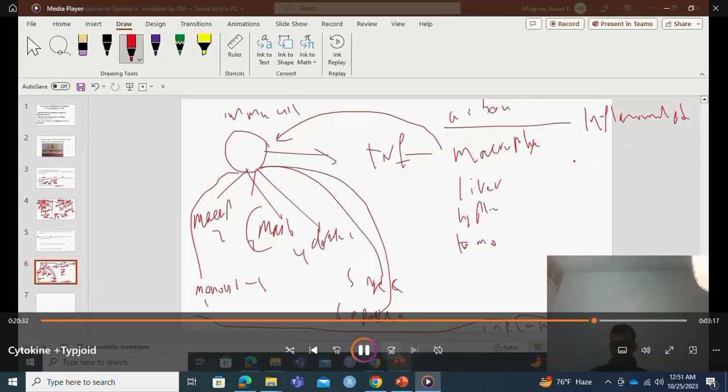Its effect on the vascular endothelium increases the permeability. These events cause fluid loss and sepsis.